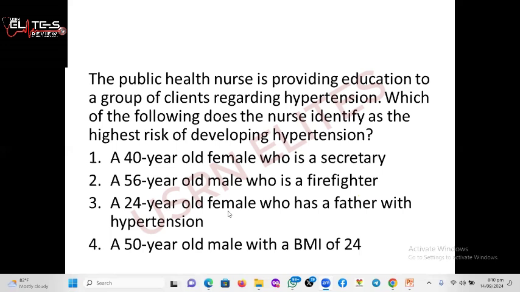A 40-year-old female who is a secretary, a 50-year-old male who is a firefighter, a 20-year-old female who has a father with hypertension, or a 50-year-old male with a BMI of 24.